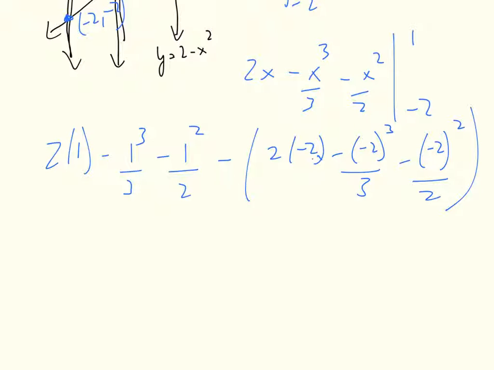Okay, I took the liberty of writing that out just to save some time on the video. So when we evaluate, we have 2 times 1 minus 1 third minus 1 half, minus, and now we're going to plug in negative 2, so 2 times negative 2 minus negative 2 to the third over 3 minus negative 2 squared over 2. When we evaluate that, we have 2 minus 1 third minus 1 half.